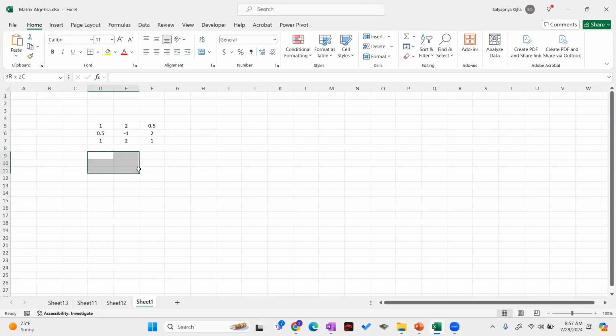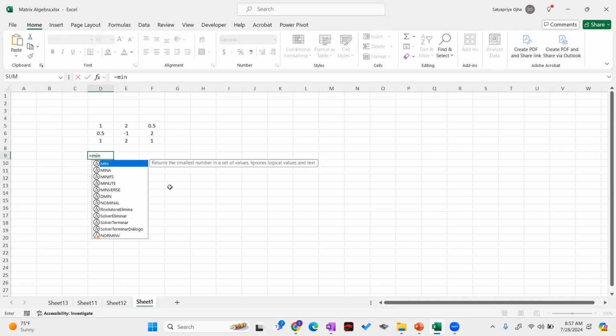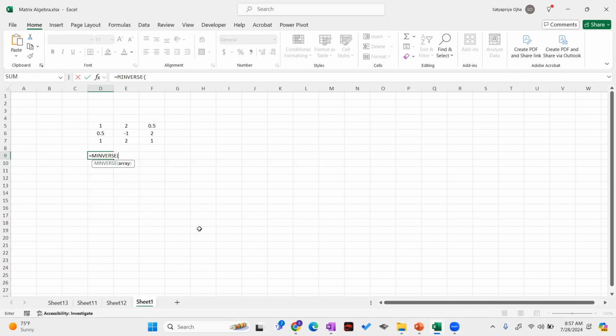So I highlight. Actually, with Excel 365, I don't think I need to do that. Let me try. MINVERSE, which stands for matrix inverse. Just pass A and it highlights the cell. Earlier, we used to press Control Shift Enter because it is a vector array operation. I did not press Control Shift Enter.